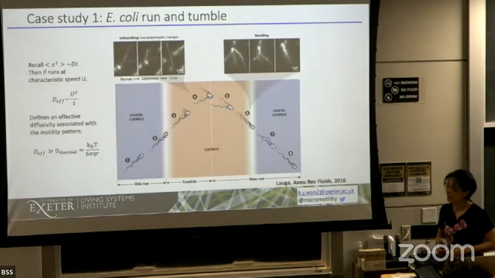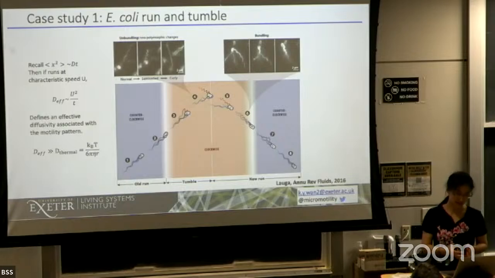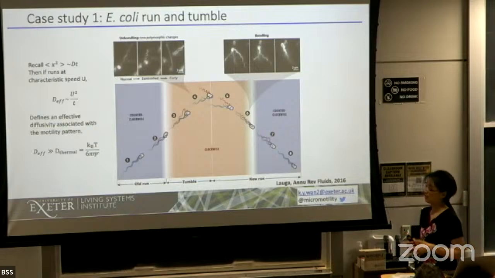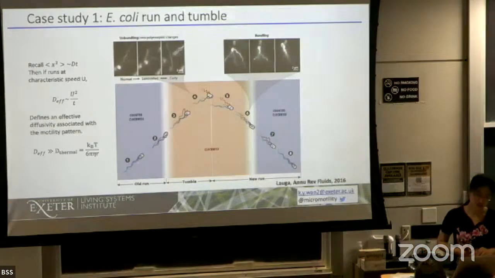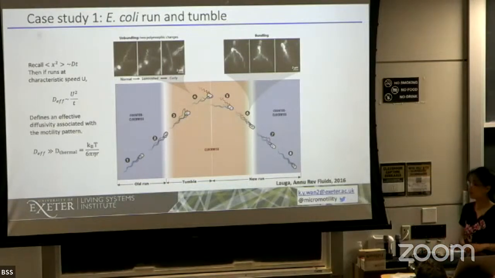So the point is, you can have many different species that are individually capable of changing the gaits in different ways. So how does E. coli do this? This is the most well-known example.